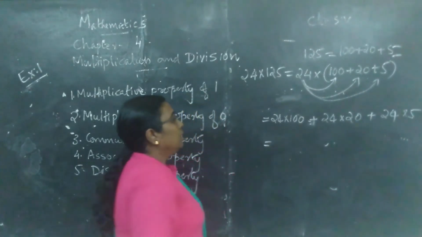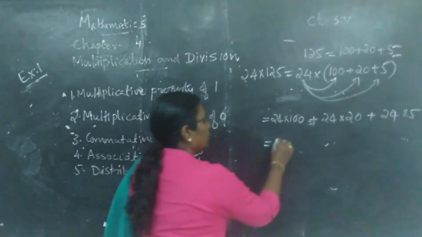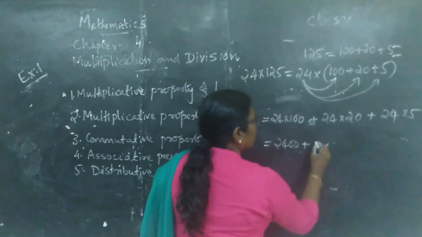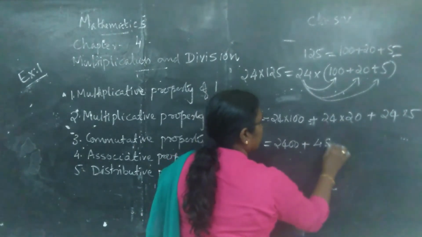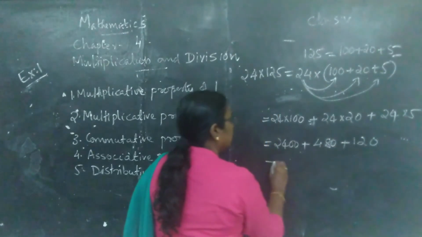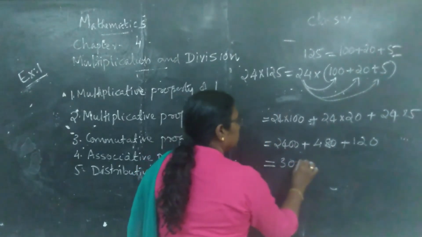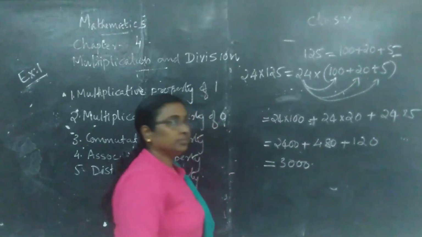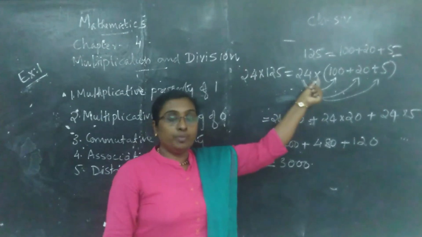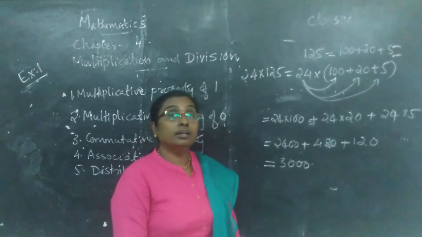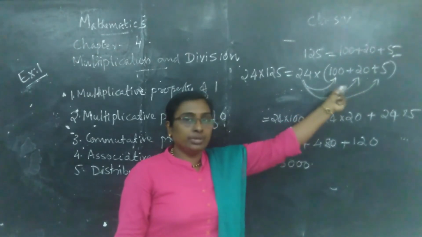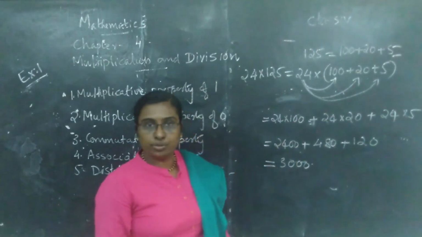That equals 24 into 100 which is 2400, plus 24 into 20 which is 480, plus 120. This is equal to 3000. This is the distributive property of multiplication over addition. Here there is a plus sign, so distributive over addition.